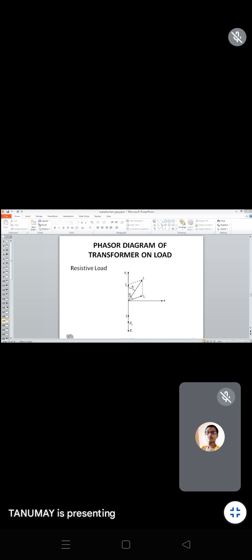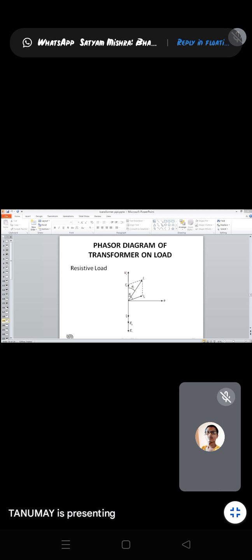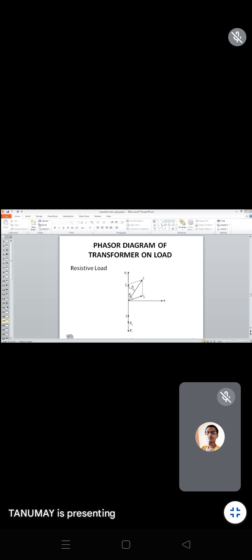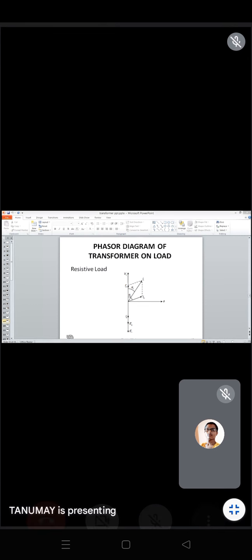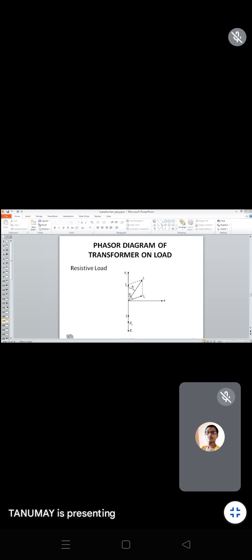That's why, on the transformer primary side, this is the supply voltage V1, this is the resistance R1 of the primary winding, and this is X1, the inductive reactance of the primary side.